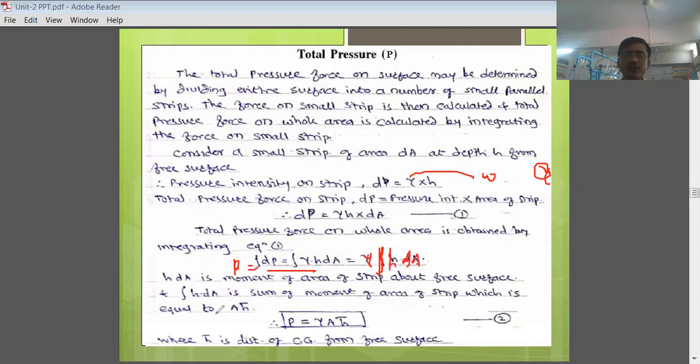Now, if you look at this term h into dA, what is that h dA? See here, this was the strip, this was the arbitrary shape of the vertical plane surface, and this is the free liquid surface that we have drawn. This is the distance small h.